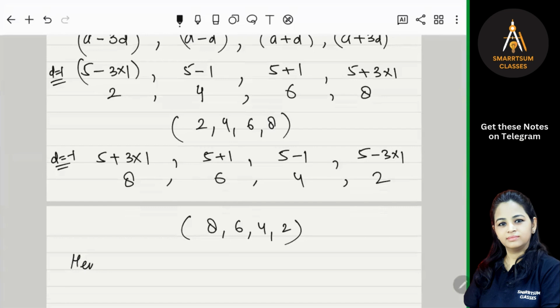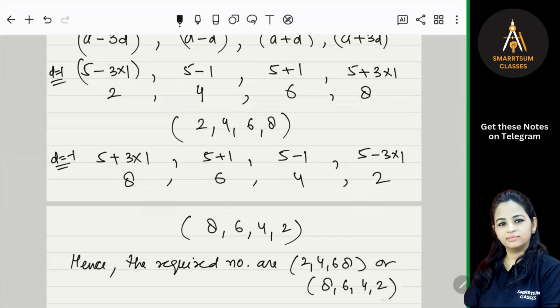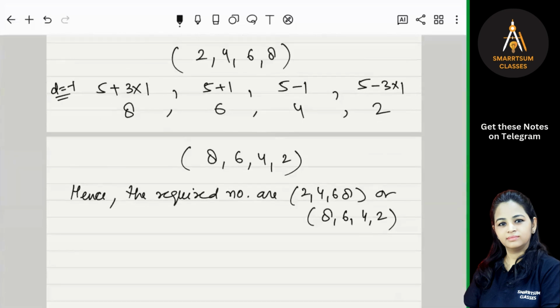Hence, the required numbers are 2, 4, 6, 8 or 8, 6, 4, 2. So these can be the 4 numbers within the AP whose sum is 20 and the sum of the squares of these numbers is 120. Is that clear?